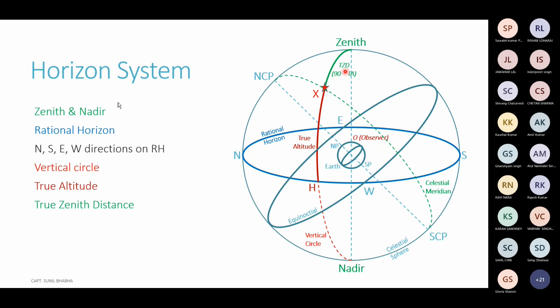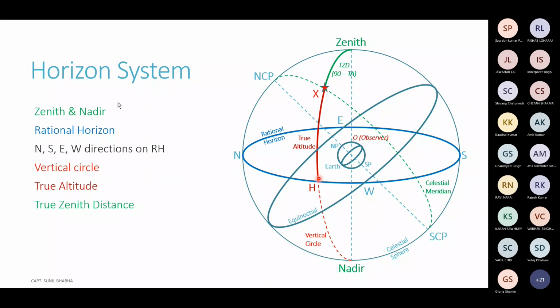So you can see it labeled in the diagram: the true zenith distance of the body equals 90 minus true altitude. Or in other words, you can say the true zenith distance plus the true altitude of a body always add up to 90 degrees.